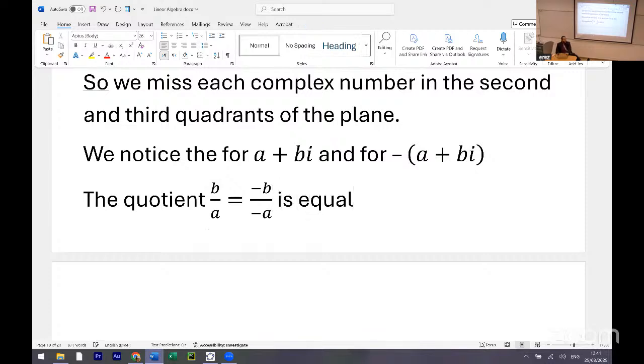Do you agree with that claim? What does it mean about the angle? What is the angle between z and minus z? Pi.